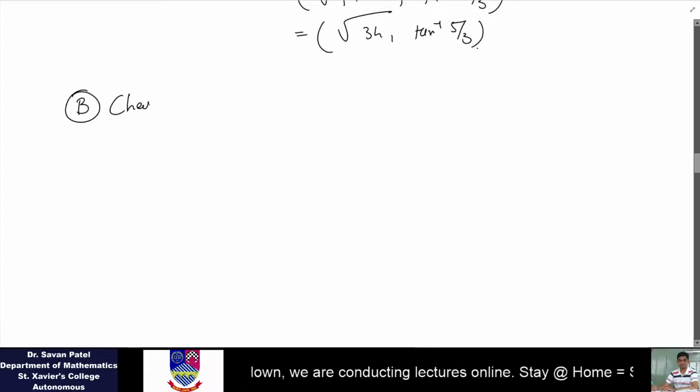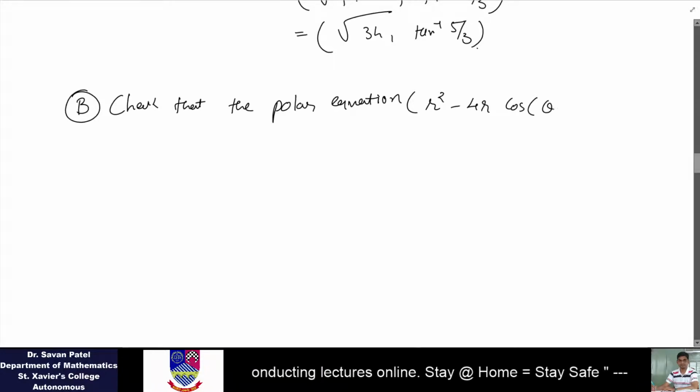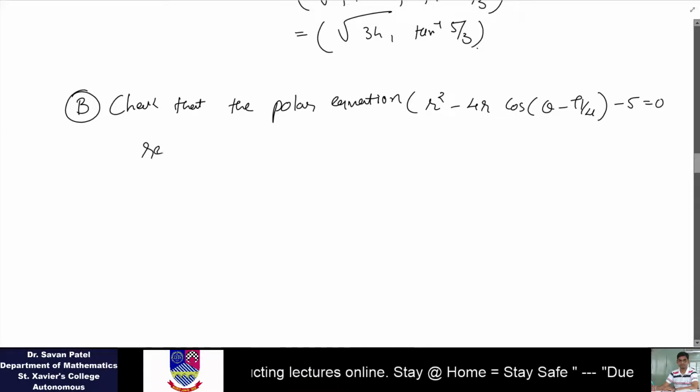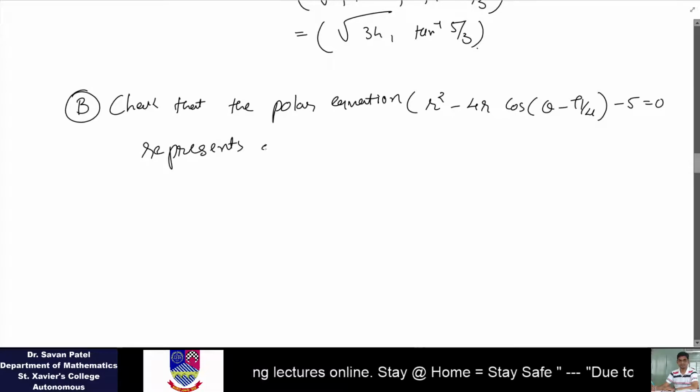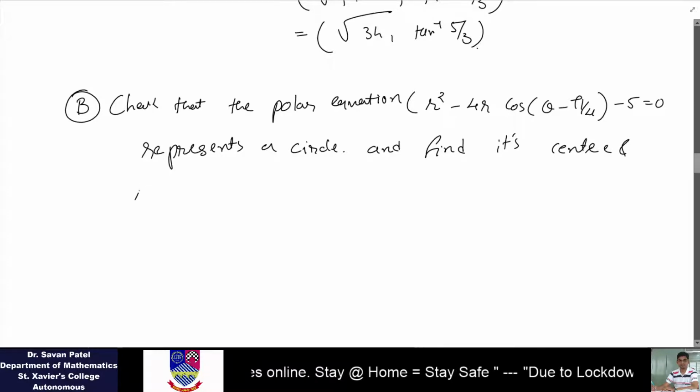So check that the polar equation r square minus 4r cos theta minus pi by 4 minus 5 is equals to 0 represents a circle, and find its center and radius, if that is representing a circle.